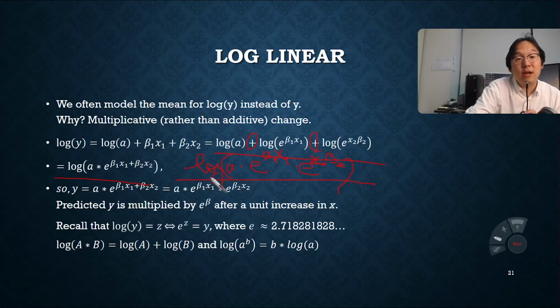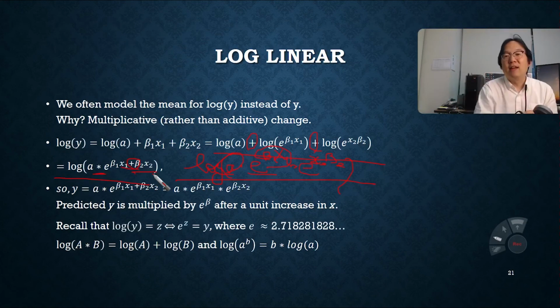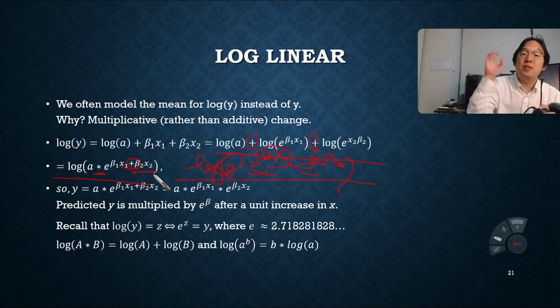As it turns out, a times e to the power of beta 1 x1 times this guy should be just a summation. Multiplication becomes a summation. That's the magic of e or the exponent. Multiplication becomes summation, vice versa.